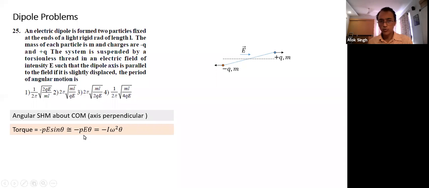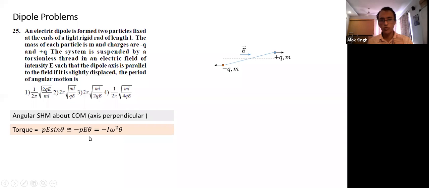As we do in linear SHM, where we equate force for small displacement to minus m omega square x, here the equivalent of m is I, and x is theta. If torque is proportional to theta, it results in angular SHM. So if we substitute all the values and simplify, we get an answer.